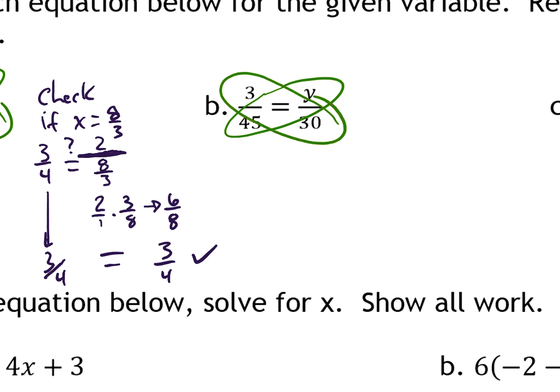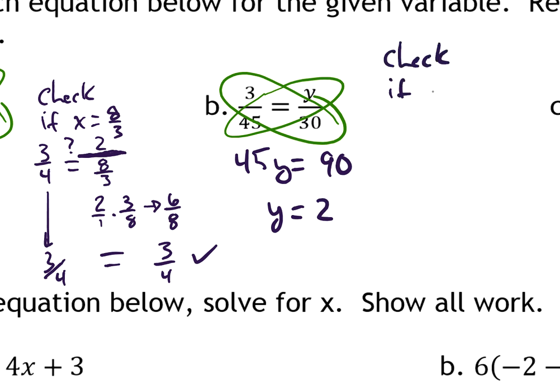On the first diagonal there, I've got y times 45, or 45y, and that should equal 3 times 30, which is 90. If I divide both sides of that by 45, I get that y is equal to 2. So that's a pretty simple check, right? Check: if y is 2, the question is, is 3/45 the same as 2/30?